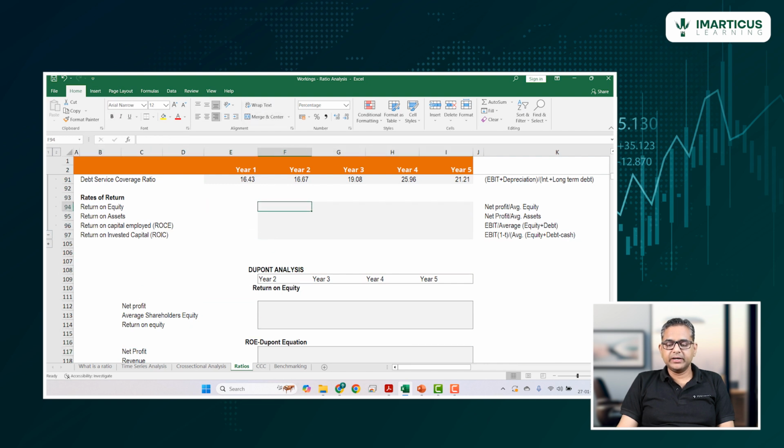Let's look at some of the return ratios now. Return on equity. Net profit belongs to equity shareholders, so we'll do net profit upon average shareholders' equity.